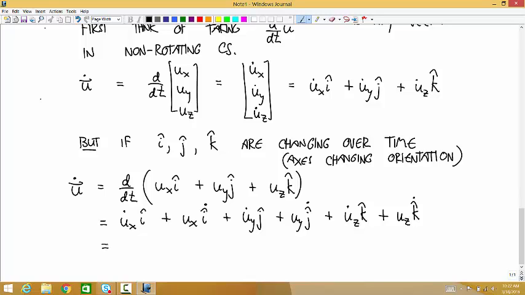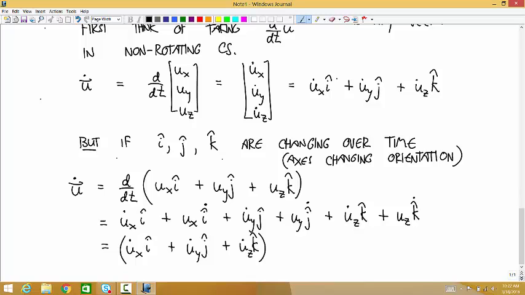And if you rearrange these, what you get is ux dot times i plus uy dot times j plus uz dot times k. Okay.